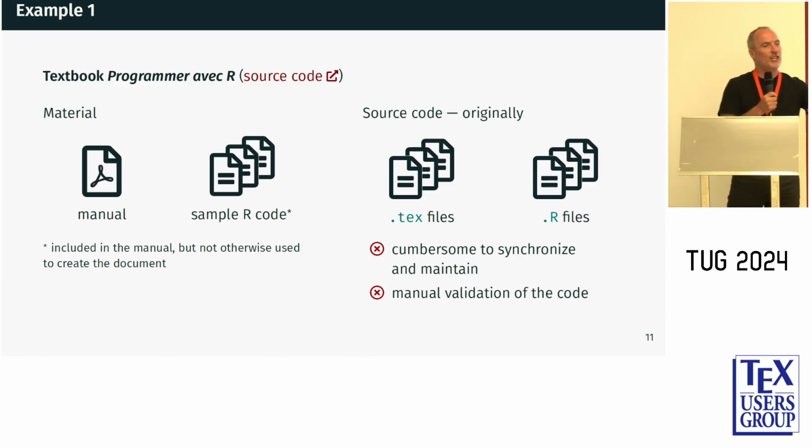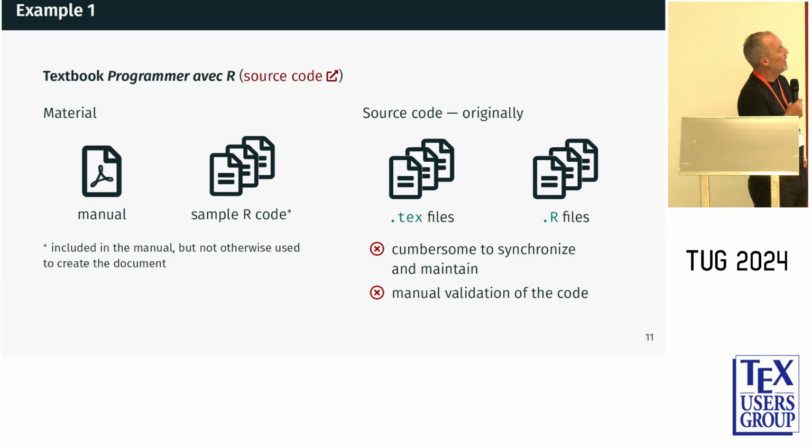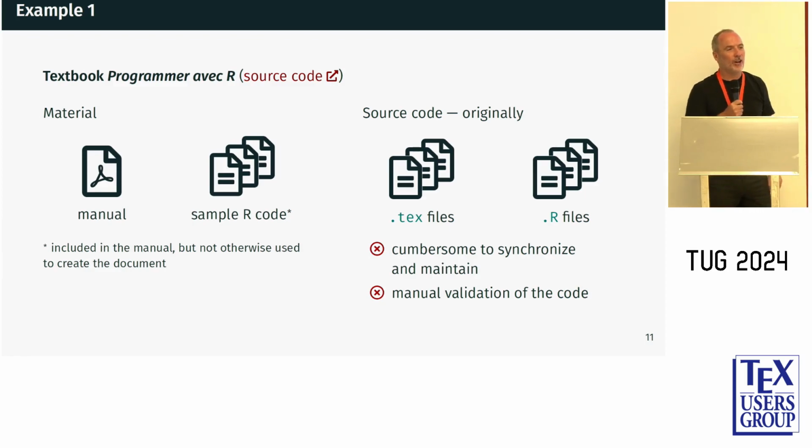If I would make a change in the manual, I would need to remember to open the R file and do the adjustments there also. And first and foremost, I would obviously compile the document and check that everything is correct in the document, but I would not so often think of checking whether my R code was correct by just evaluating it. And actually there were tons of mistakes in these R files because I would just not think of checking them.